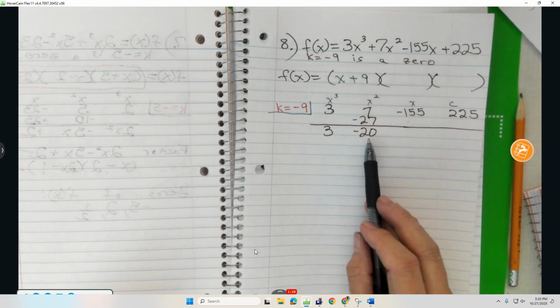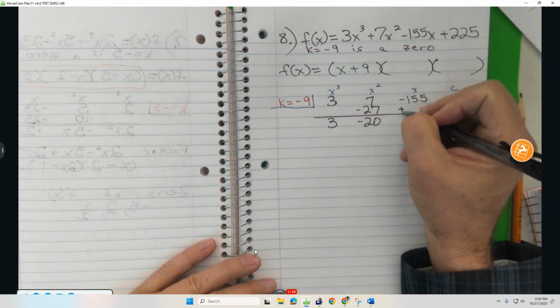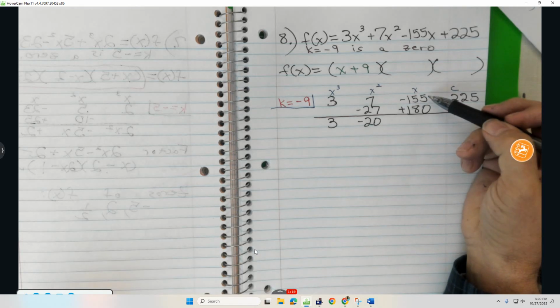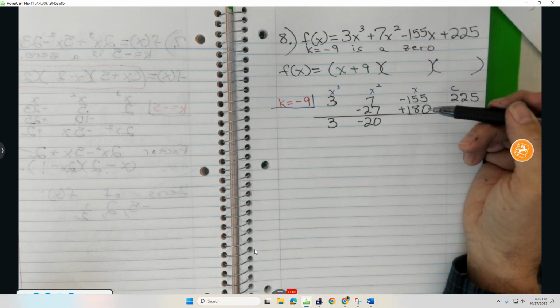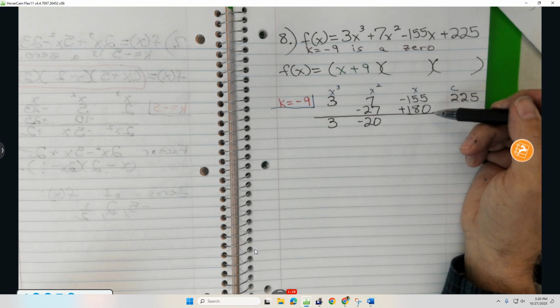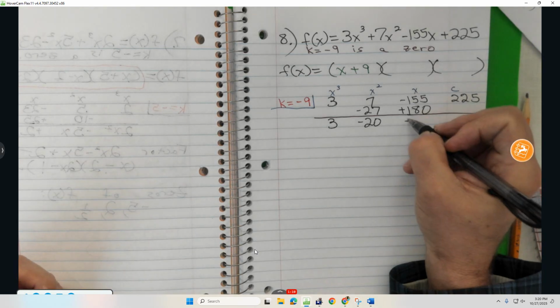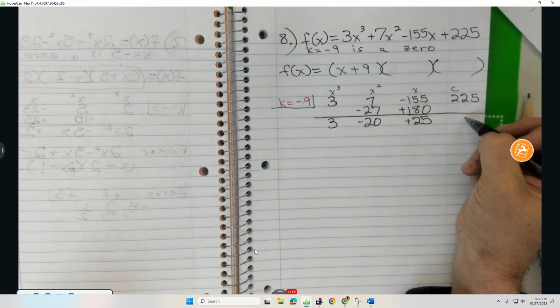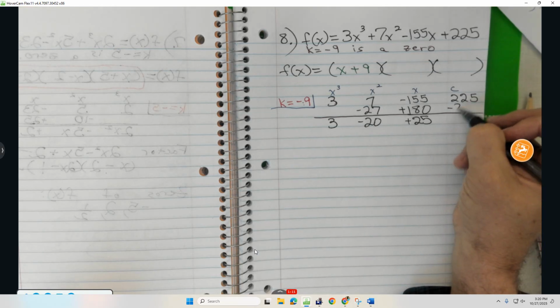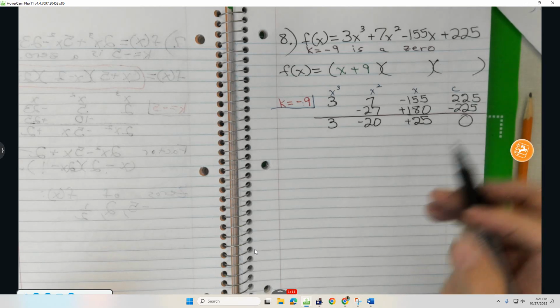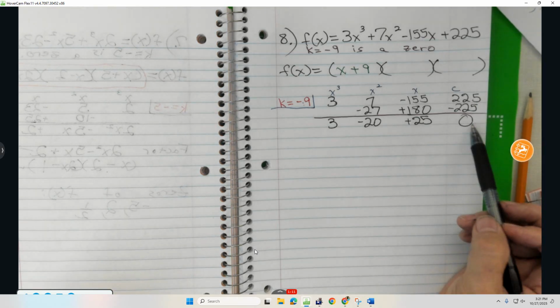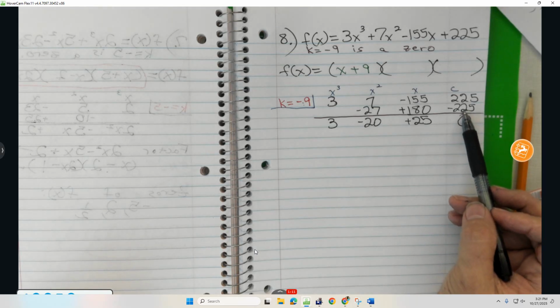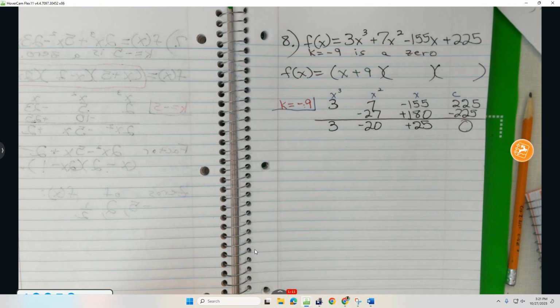Okay, negative 9 times negative 20, I agree with that, plus 180. Negative 155 plus 180 is giving me a positive 25. Times negative 9. What am I going to get down here? Oh, that's a negative 225, you're right. I wasn't even doing the multiplication because I knew I needed a 0 here, so that number had to work out to be a negative 225. But yeah, negative 9 times 25, that wasn't too hard.